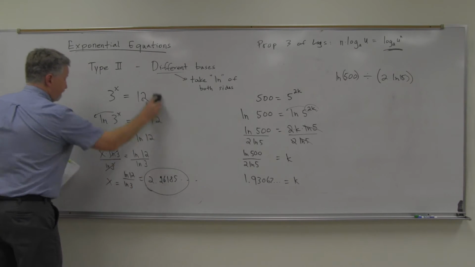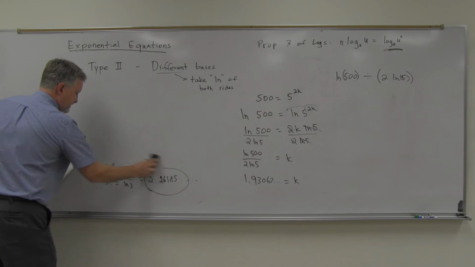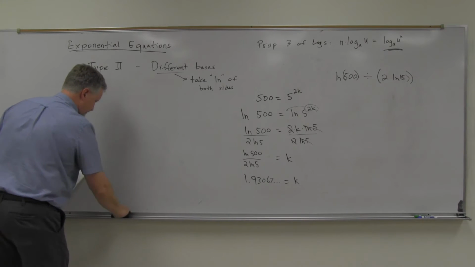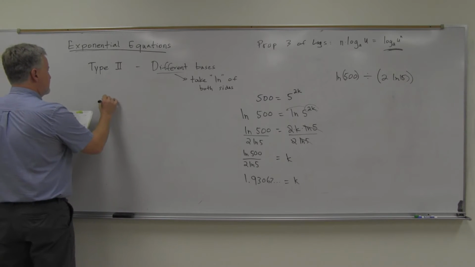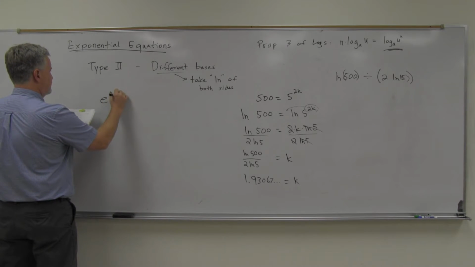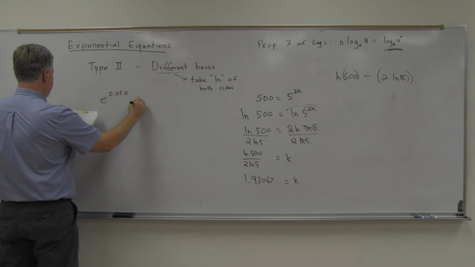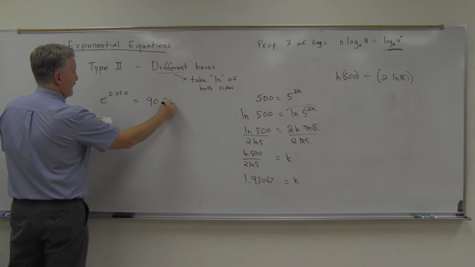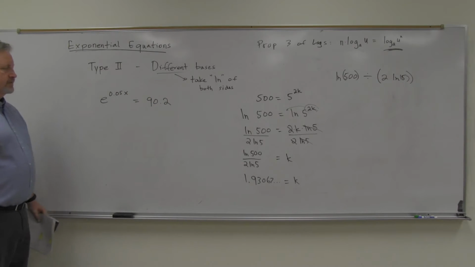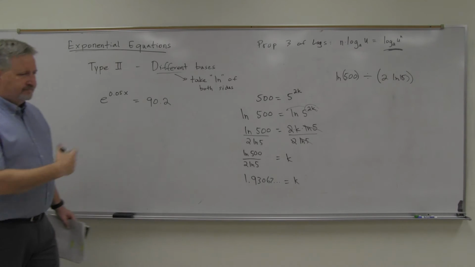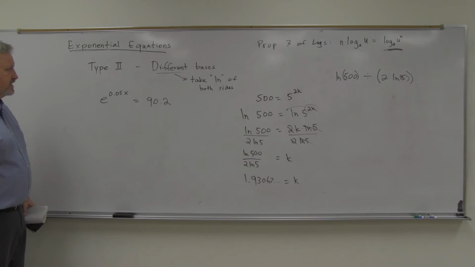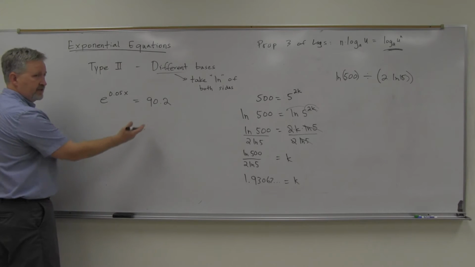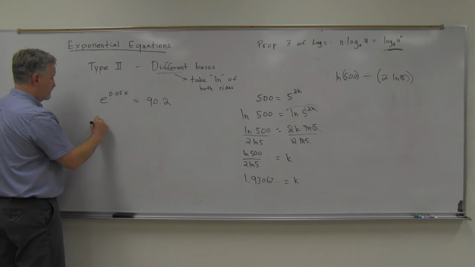All right, now, nice things can happen every once in a while. Not a whole lot, right? But e to the 0.05x equals 90.2. So again, not going to be able to make those the same base, so definitely want to ln both sides here, right? Take the ln of both sides. What you do to one side, do the other.